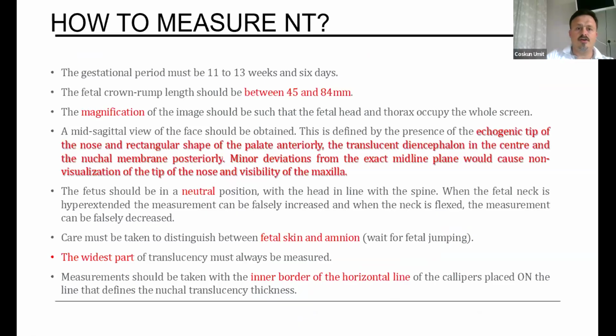Of course, how to measure NT is very important too. You can find this information on the internet, but the most important part is the CRL should be between 45 and 84 millimeters, and we should take the exact mid-sagittal view: echogenic tip of the nose, rectangular shape of the palate anteriorly, translucent diencephalon, in other words thalamus, in the center, and the nuchal membrane posteriorly.